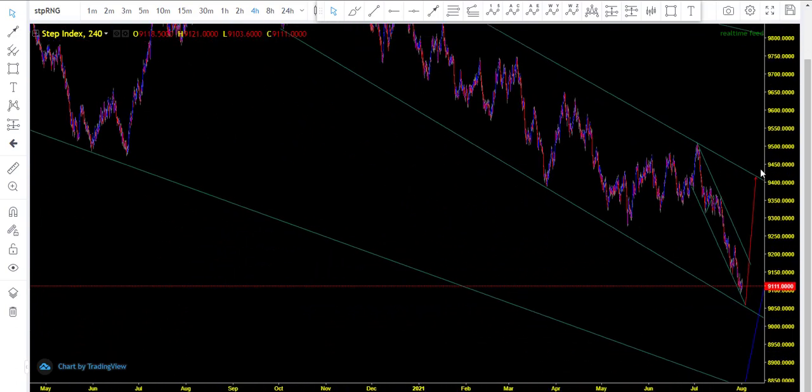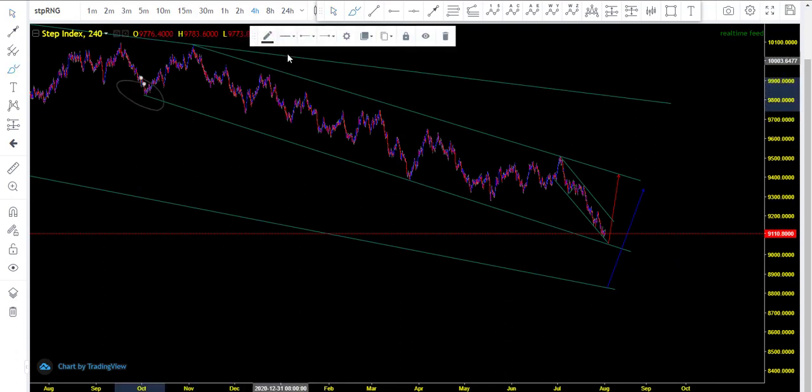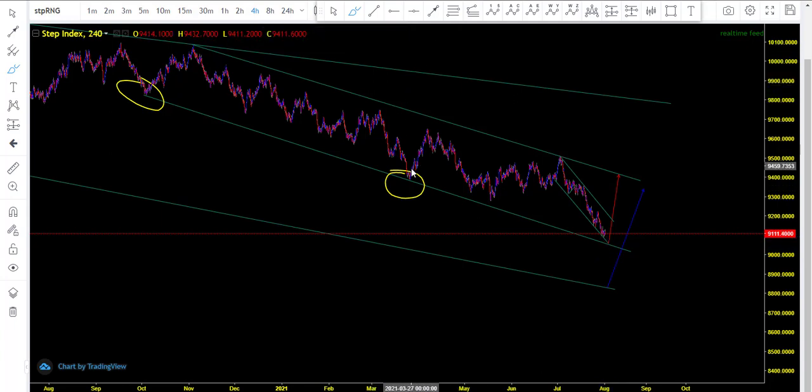This is step index right now. The lower trend line that we are talking about is this, and we have one. Let me change the color there. We have 1, 2, and we're expecting the third touch here, where we then buy step index to the top there, to these areas, before it goes down again.